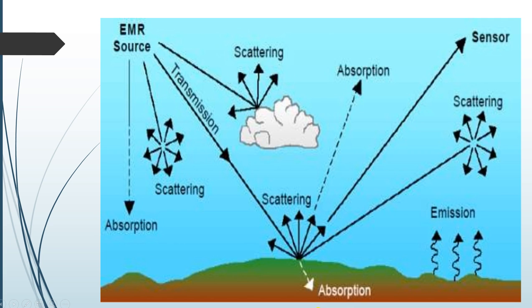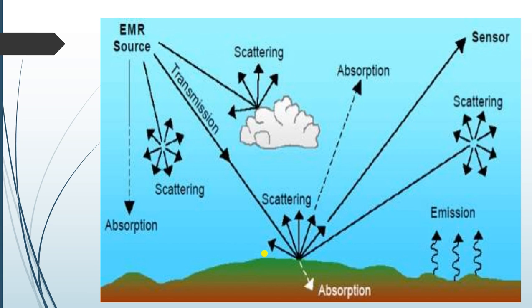ठीक है. Then there is transmission, where radiation passes through soil or anything else, water also. So that is transmission. Transmission we are going to study in IR spectroscopy, whereas scattering we study in nephelometry and fluorimetry.